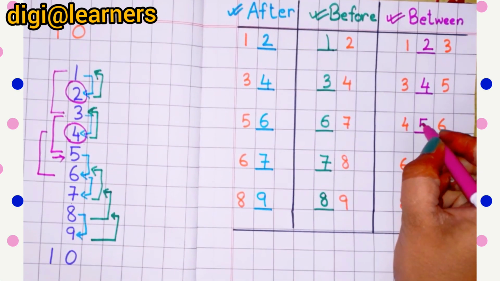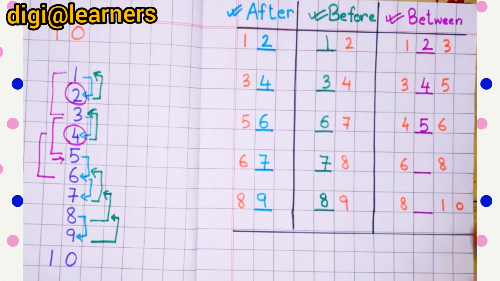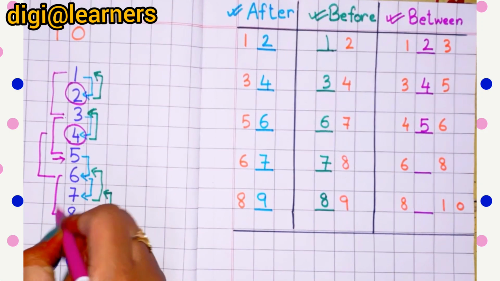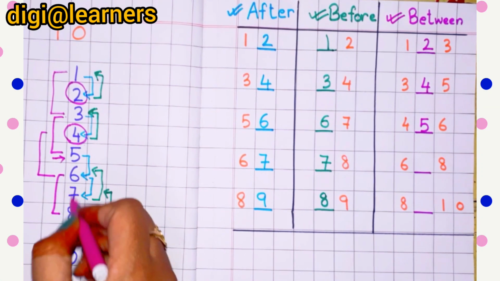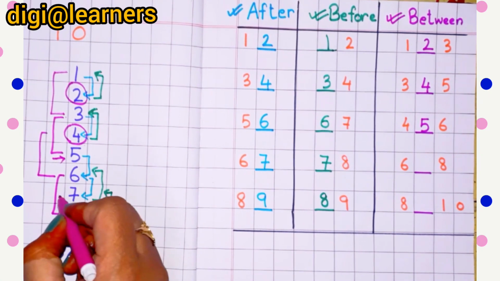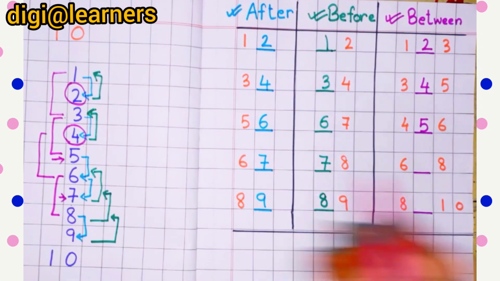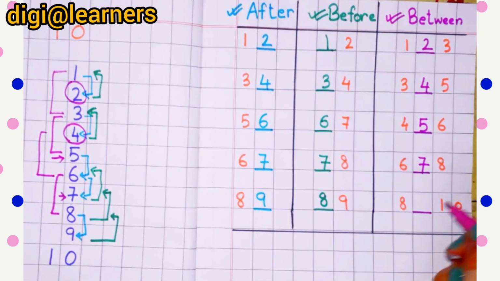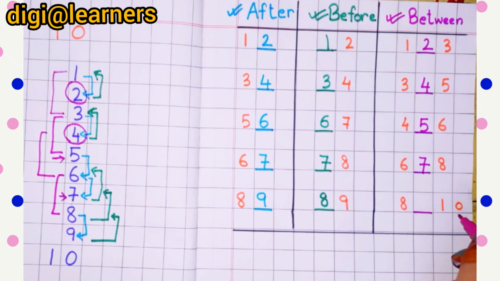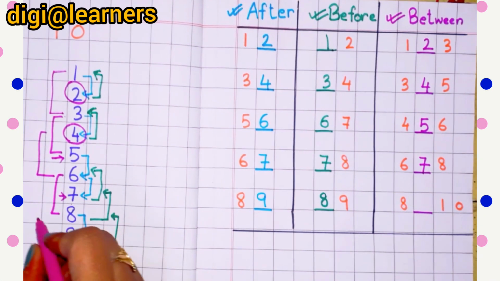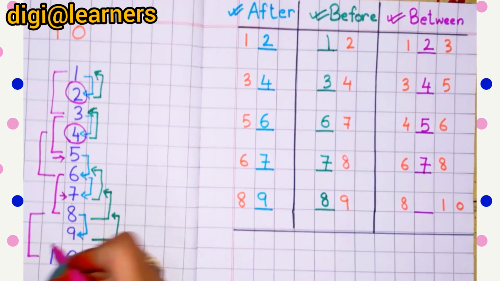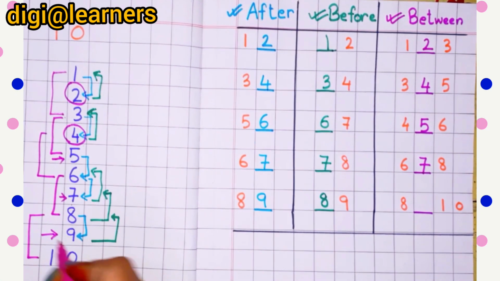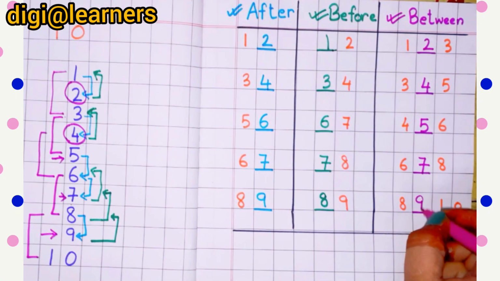So the answer will be 5. Now 6 and 8. What is coming between these two numbers? You see 7. 7 is coming between these two, so you will write here 7. Now 8 and 10. What comes between 8 and 10? Between 8 and 10 comes 9.